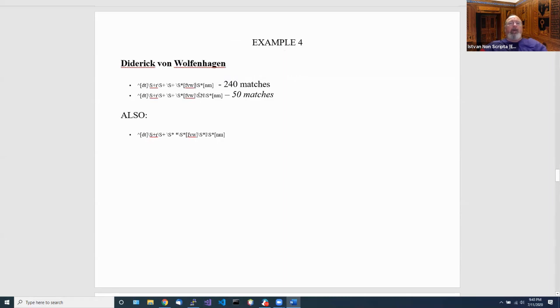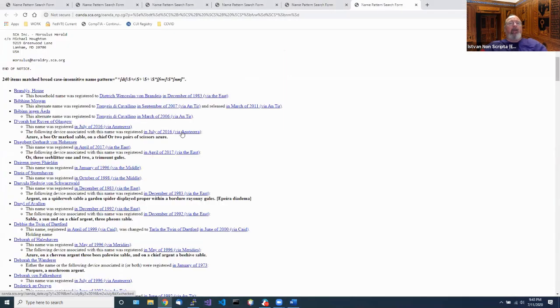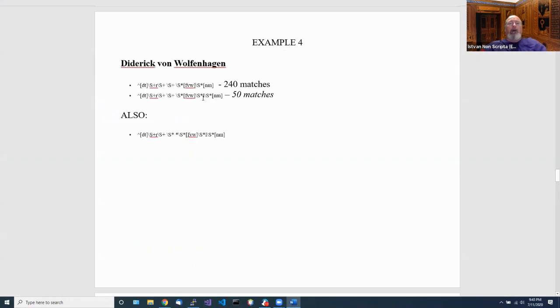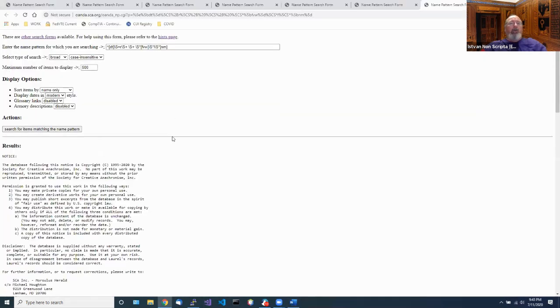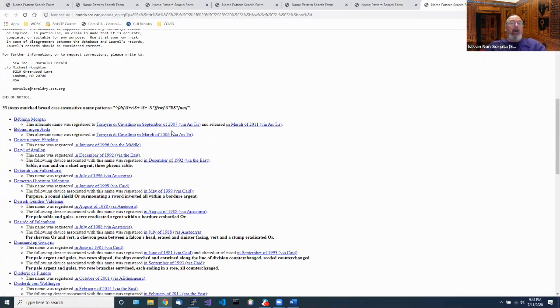So if we do that, again, it has way too many to want to go through. So we add, what did I add here? Oh, because it's fricative, vowel, L, vowel, nasal, Wolfen. So let's add that L, and that cuts it down quite nicely.